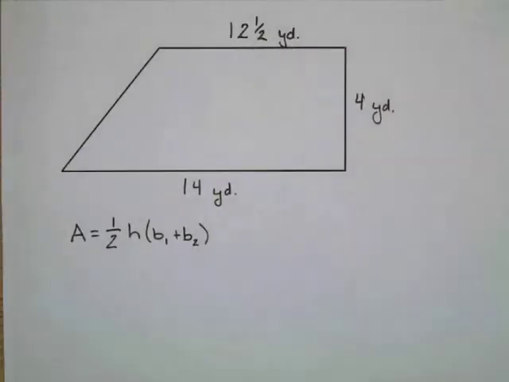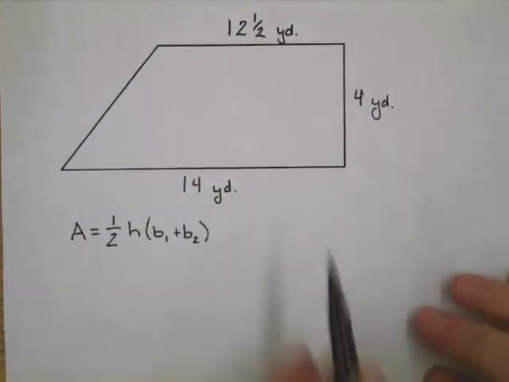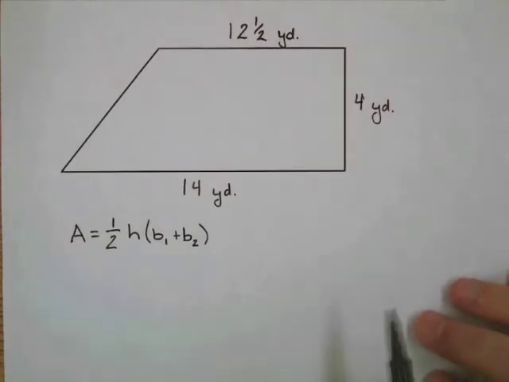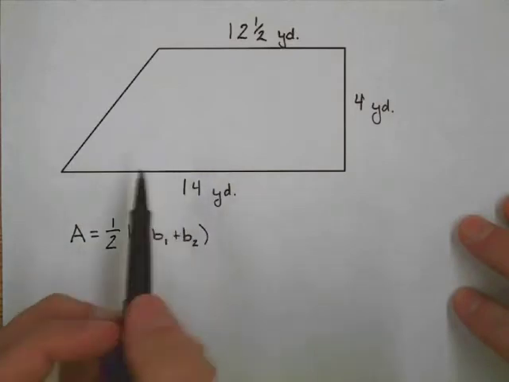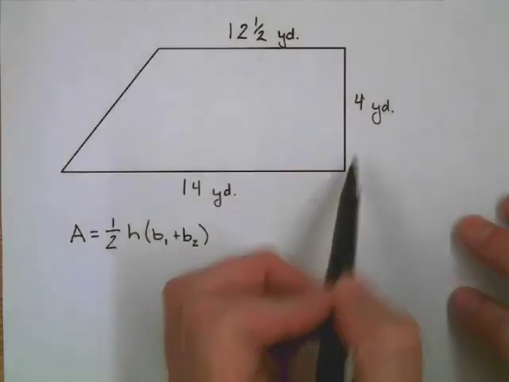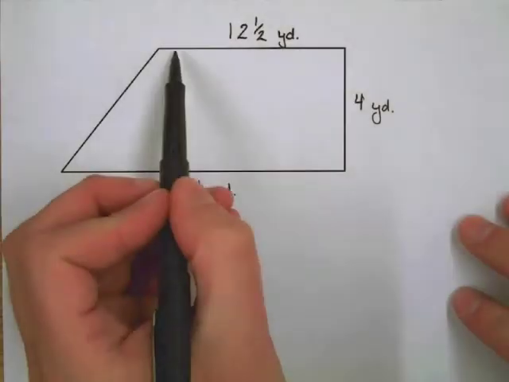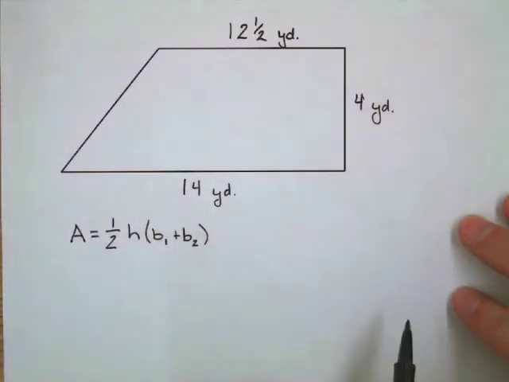So let's take a look at an example here. Let's say we have this trapezoid, and this trapezoid has some dimensions, and we know that this distance here is 4 yards. We know this distance here is 12.5 yards, and this distance is 14.5 yards.